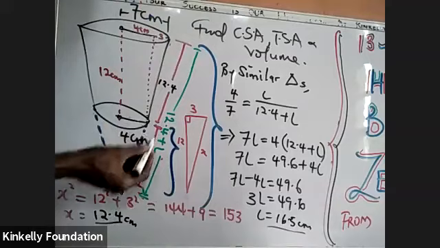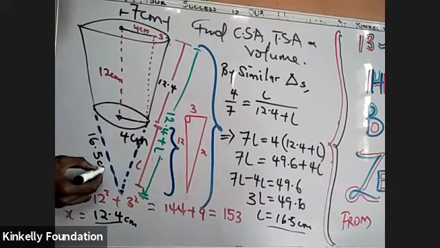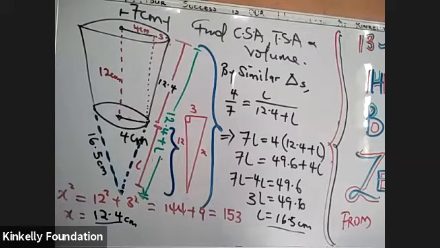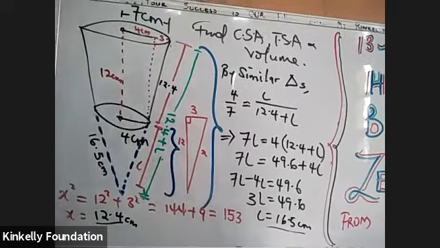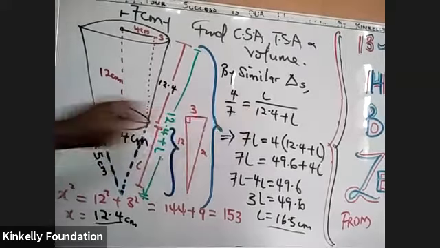So which means from here to here is 16.5 cm. Now, we get our longer one from here. Remember, you are going to add it to 12.4.